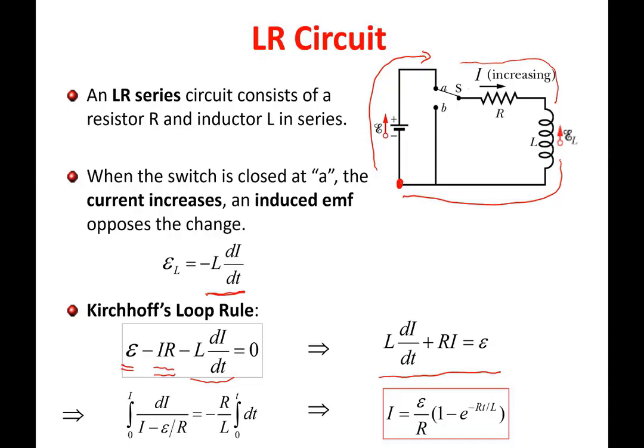To do this, we would separate variables and put every term involving I on the left-hand side of the equation, and then every term involving t, and there's only one, on the right-hand side of the equation. And once we separate variables, we can integrate the left and the right, and when we integrate the left-hand side, we're going to get a natural log function.